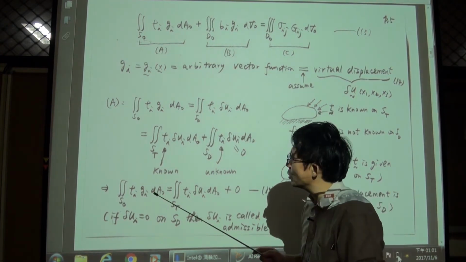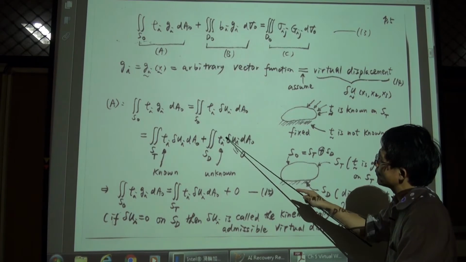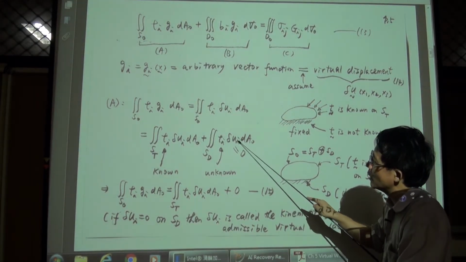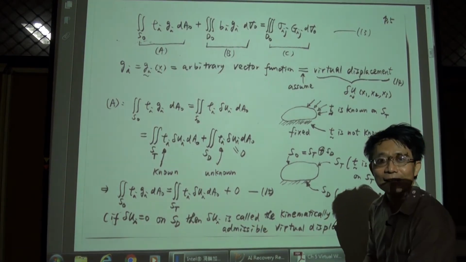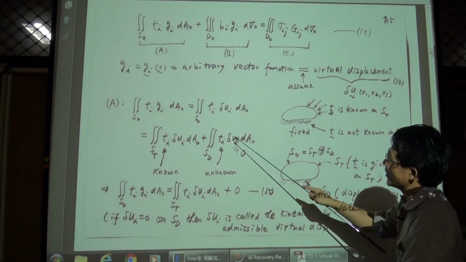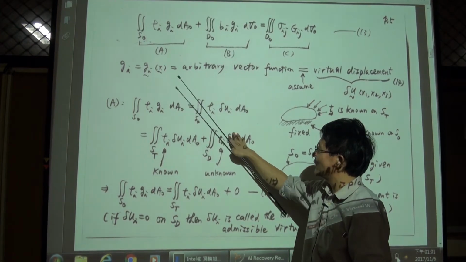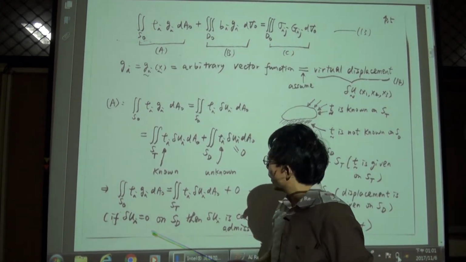So we choose a special set of virtual displacements such that the virtual displacement is zero along this surface. Why? Because we don't know how to calculate this. We just let delta ui equal 0, and then we don't need to worry about what Ti is.